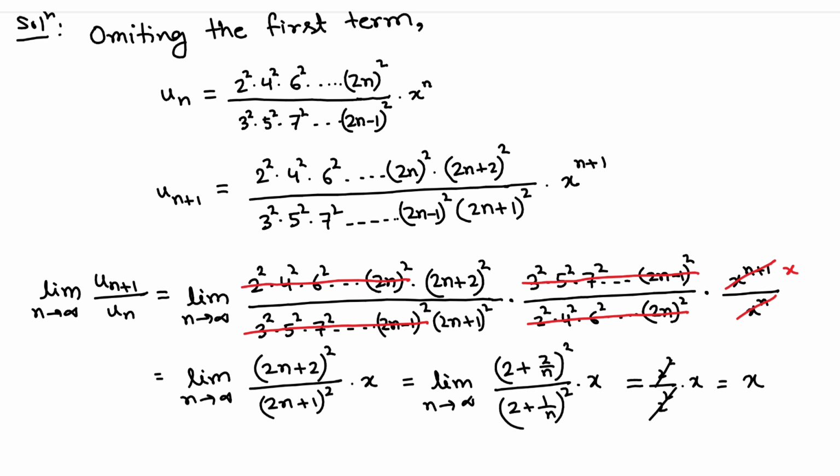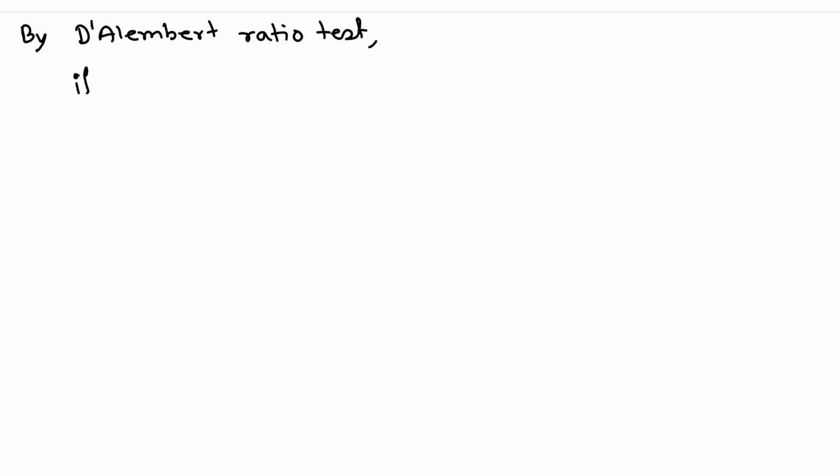But what is x? X is a variable. We don't know the value of x. So what will the answer be? You have to write: by D'Alembert ratio test, if x is less than 1, the series is convergent.